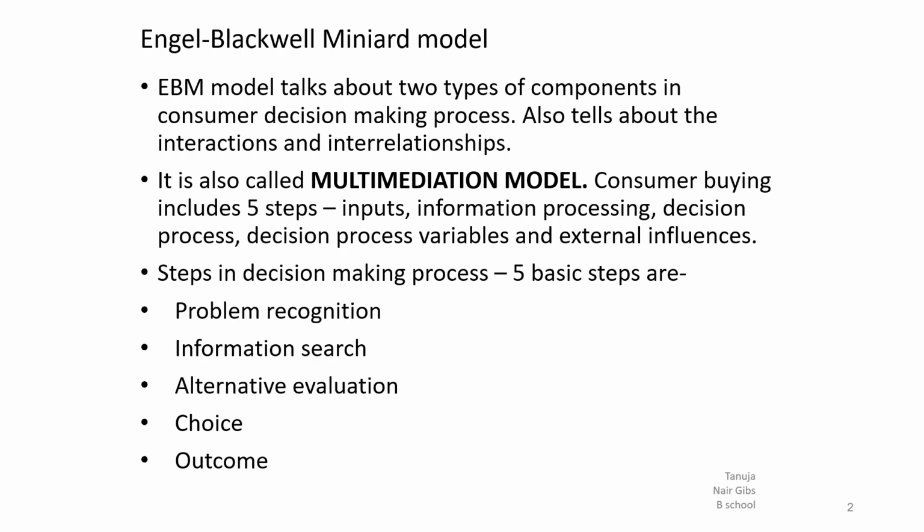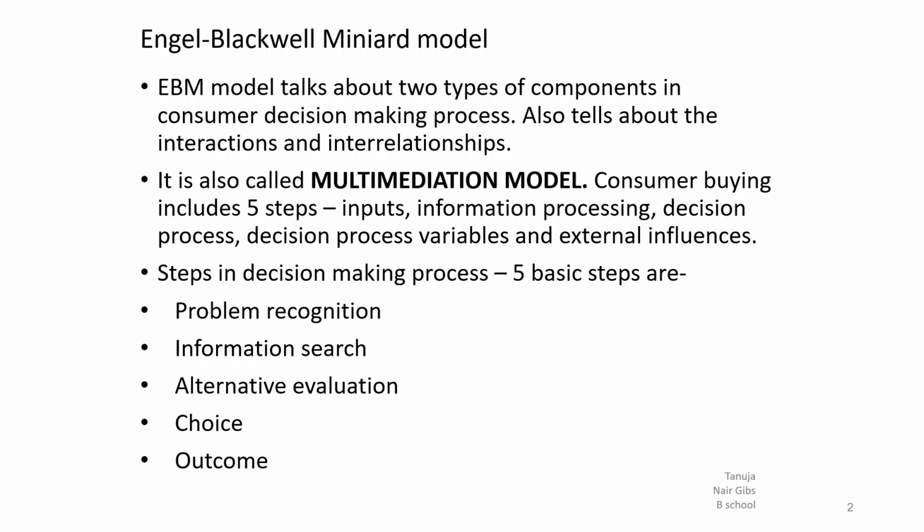So the 5 basic steps which this model is talking about: first, the consumer recognizes a problem or a need for a product. Then he goes in search of information about the product. More information he will collect.